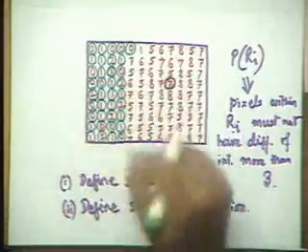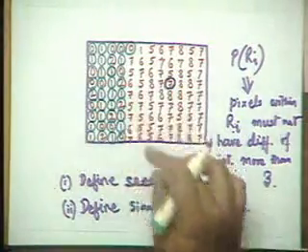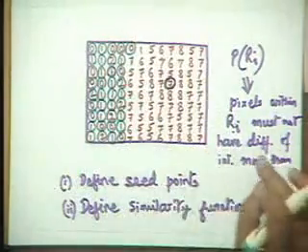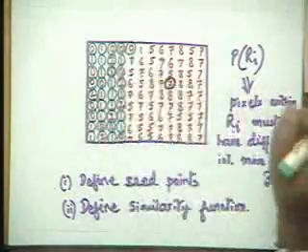So, through successive iterations of region growing, I will be finding that all these pixels will be grouped together as belonging to the region R1.